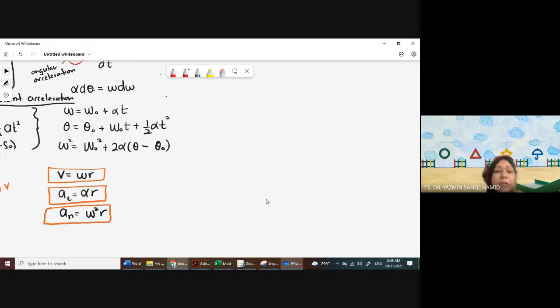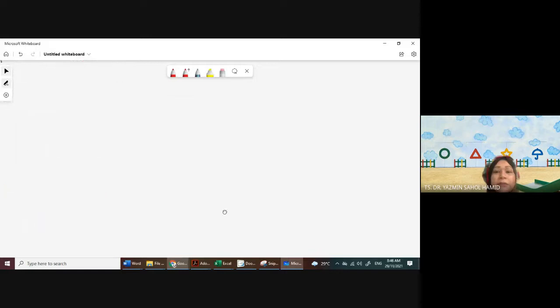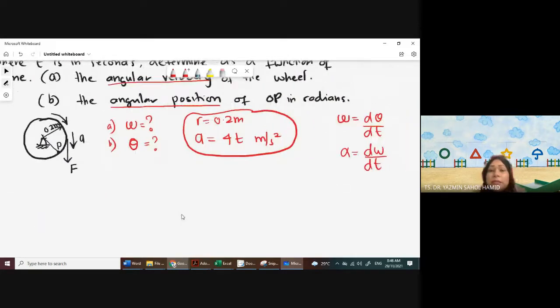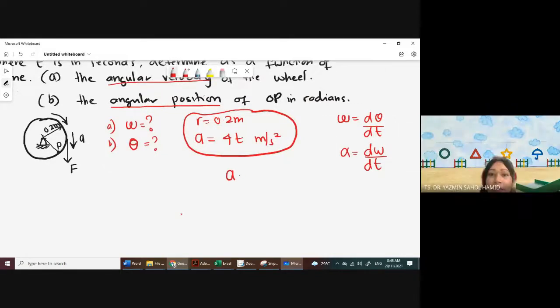Okay. So for this question, we will take the tangential acceleration a_t. Acceleration a_t equals alpha r. Acceleration equals alpha r. So let's say you put in these values. If you put in these values, what can you get?